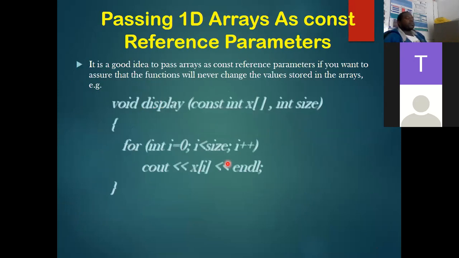Right. So it's also a good idea to pass arrays as constant reference parameters if you want to assure that the function will never change the values stored in the arrays. So you realize that sometimes when your program becomes big, you might end up overriding the values of an array. So say, let's say you now say x[15] is about 7, then that means the value will be changed in that array.